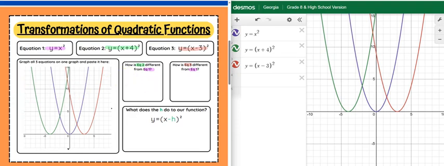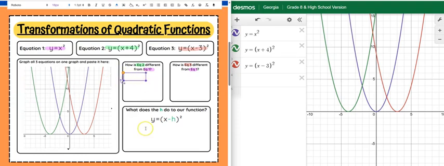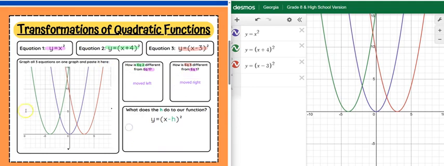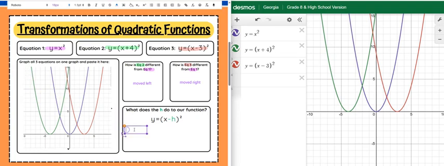And the minus 3 moved our graph to the right. So this first one, our green one, moved left, and our red one moved to the right. Which means it's a little bit backwards. It looks different than what we see. So when we come down here to talk about how it works, let's write this with letters.